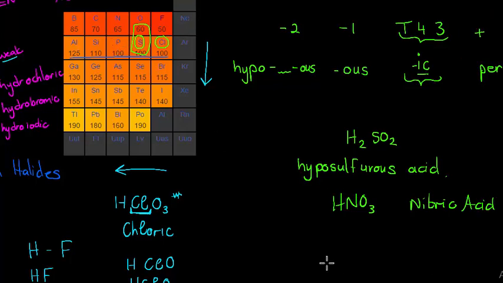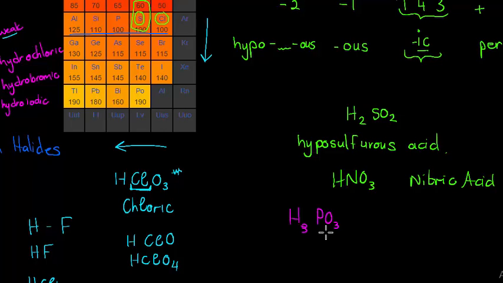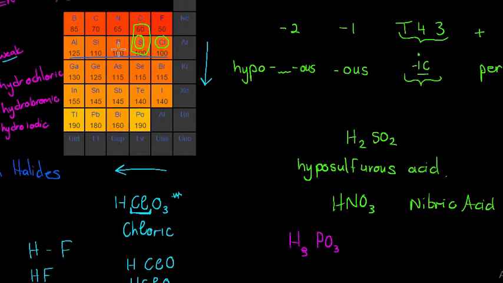Shall we try another one? How about phosphor, HPO, let's say 3. So P, you can see, is 1, 2, 3. So P is -3. Hydrogen, PO3. If we look at P, P finds himself in 4, and therefore he needs 4 oxygens.